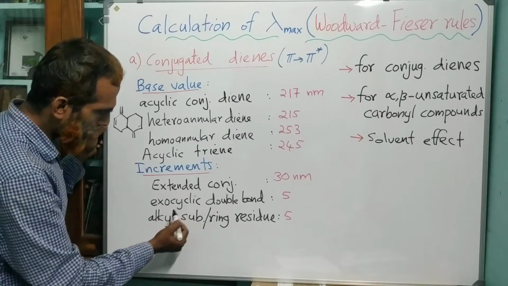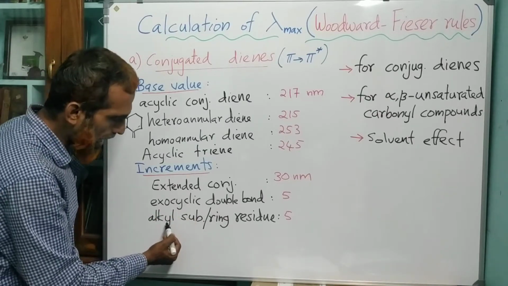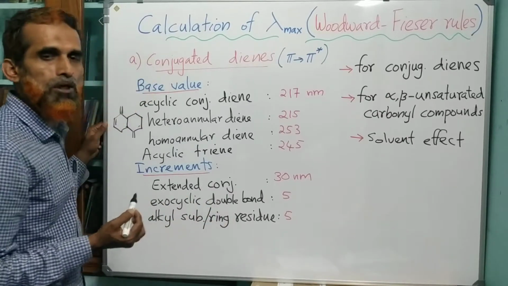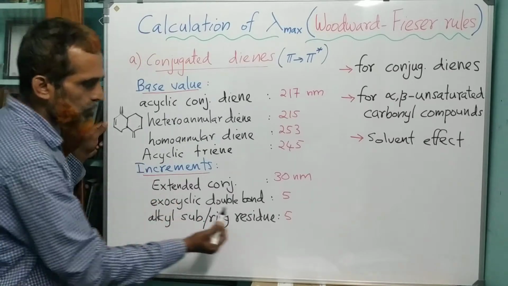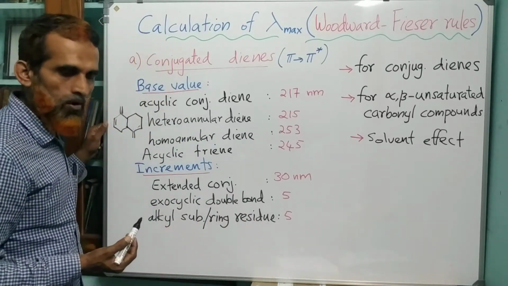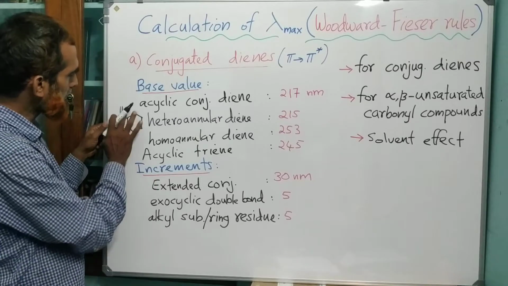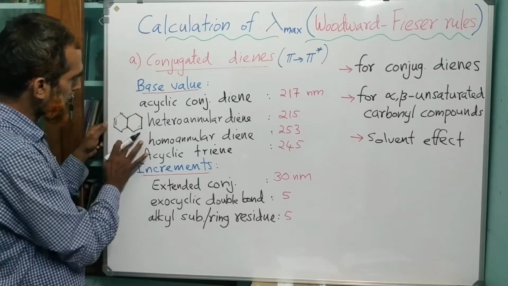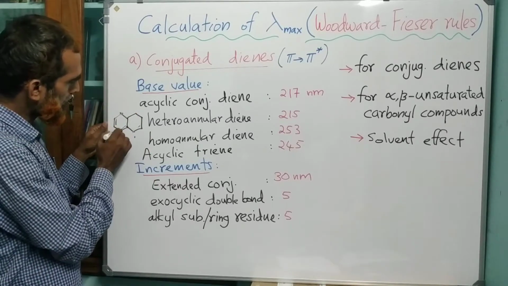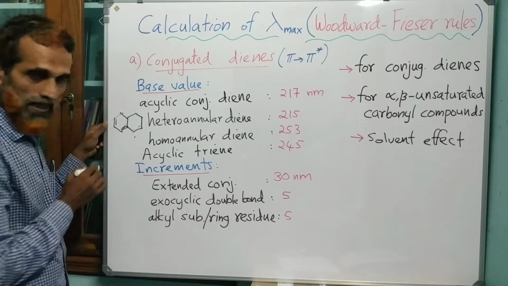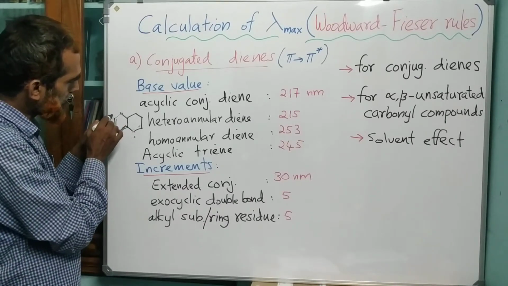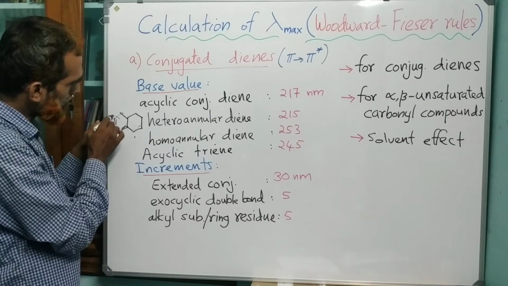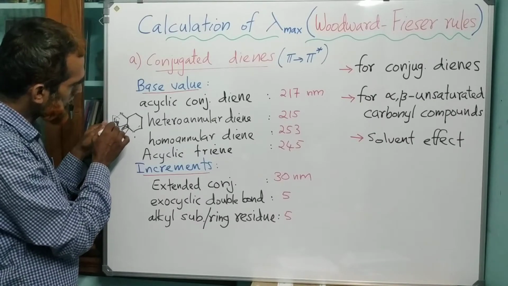Then lastly, for alkyl substituent and ring residue, we should add 5 nanometer for each ring residue. That means, suppose your compound is this one, a homoannular diene system.